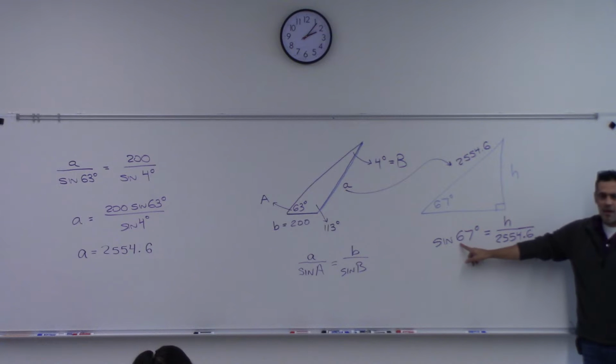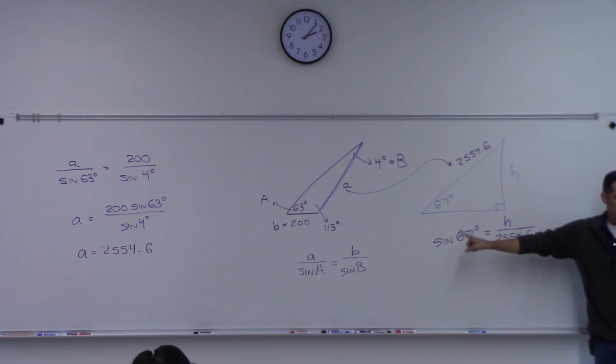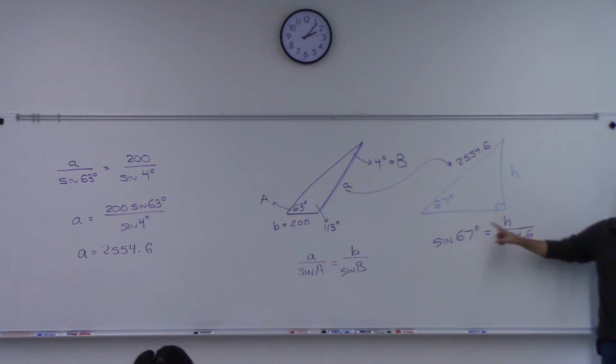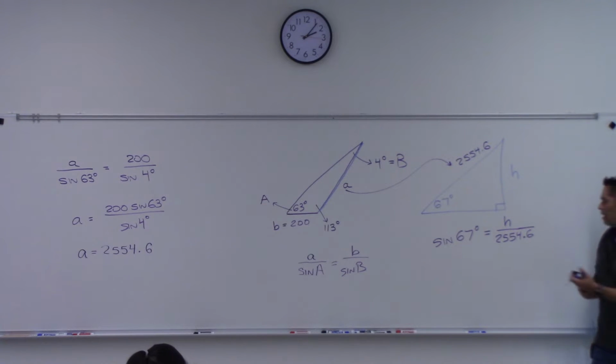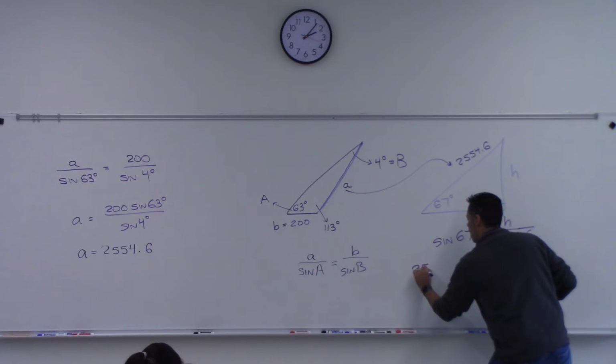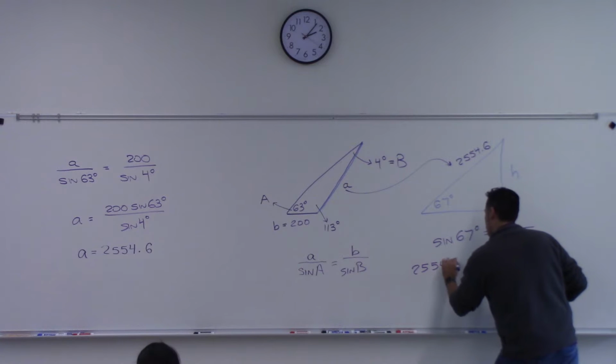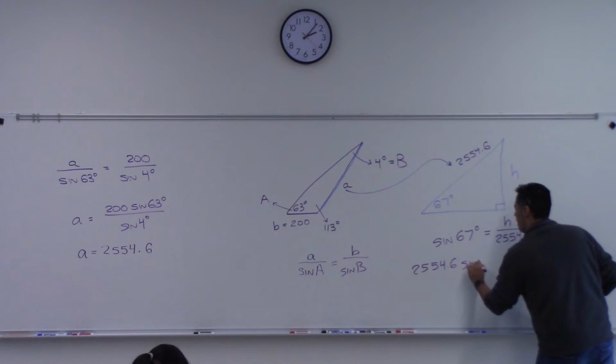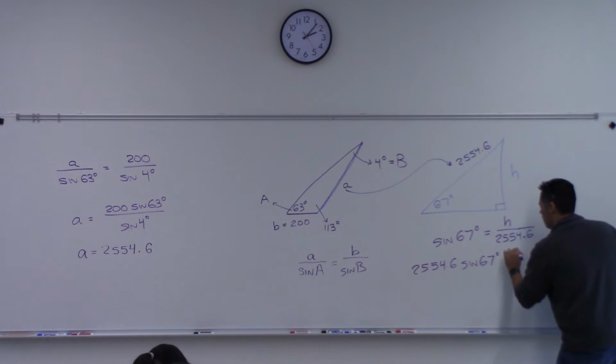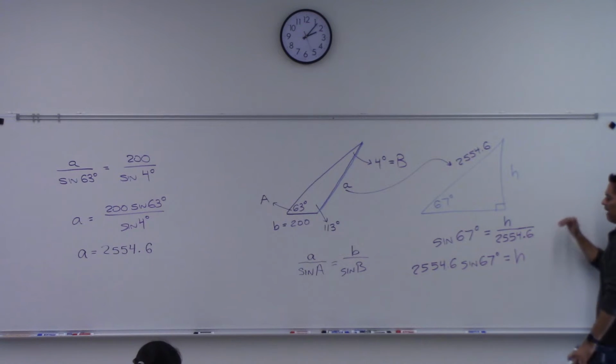You see, this equation only has one variable in it, h, and that's what I'm solving for. I can do that on my calculator, and I can multiply both sides by 2554.6. So I'm going to just write down 2554.6. I'm going to take that and multiply that times sine of 67, and that will be equal to h. So I just cleared the fractions out, right?